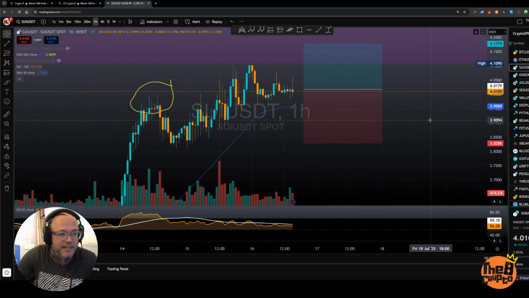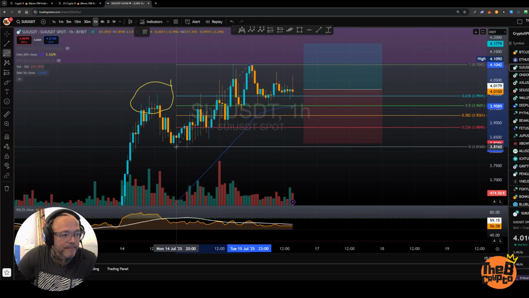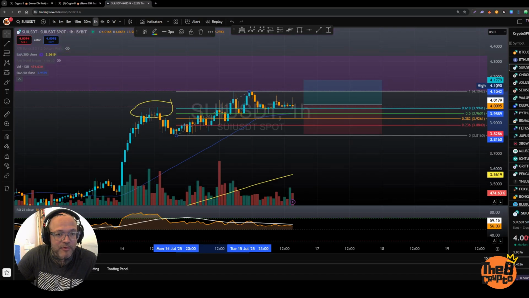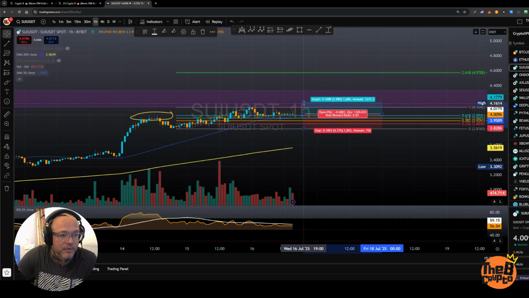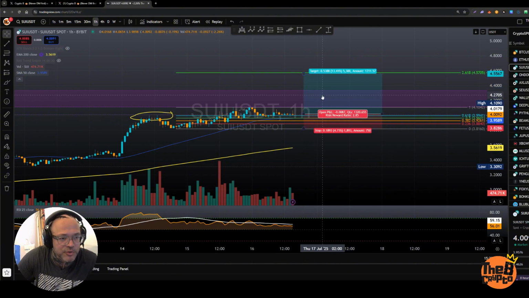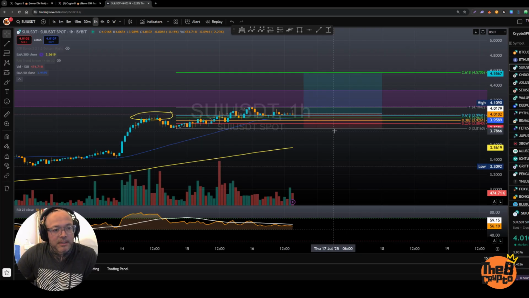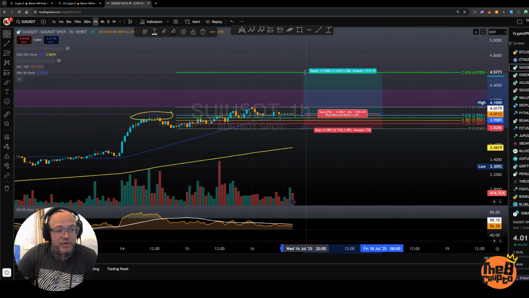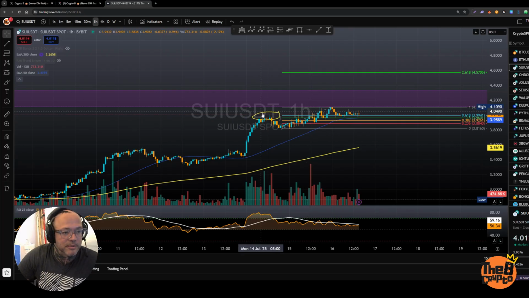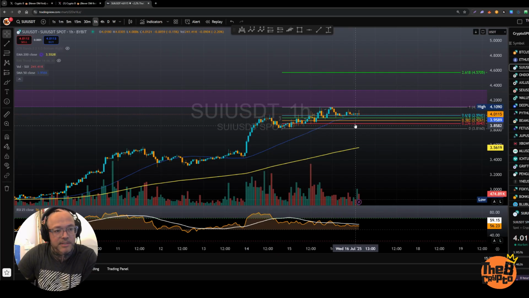I said take profits here, so I would be thinking of taking profits there, which would be 13% to take profit. I'm not in this trade, by the way, but I think that would work as a good setup.